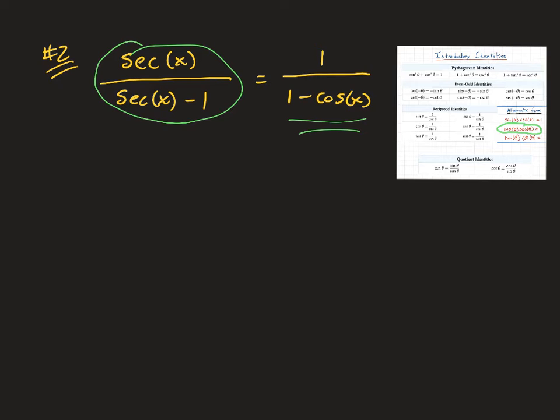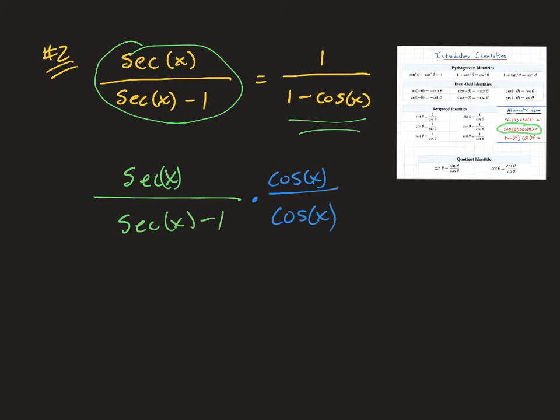If I take this right-hand side, the secant of x over secant of x plus or minus 1, and I multiply the top and bottom by cosine of x. And that's okay. That's called multiplying by a form of 1. I'm not changing anything. I'm just multiplying by 1. But what that does is that gives me that reciprocal relationship there, and this numerator just turns into 1.